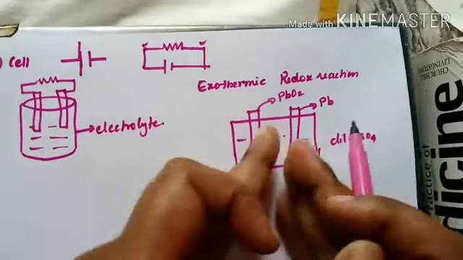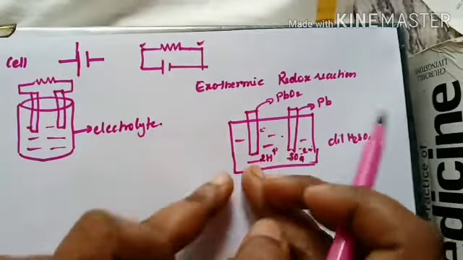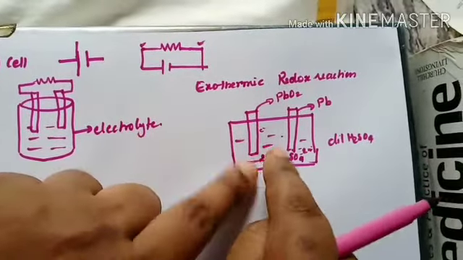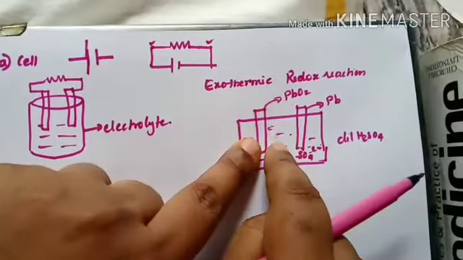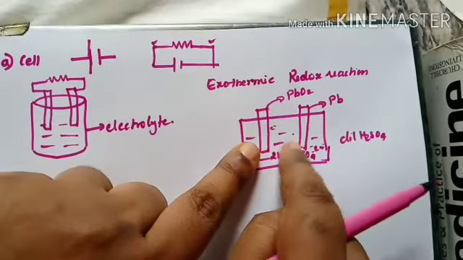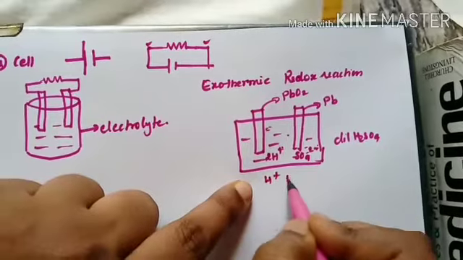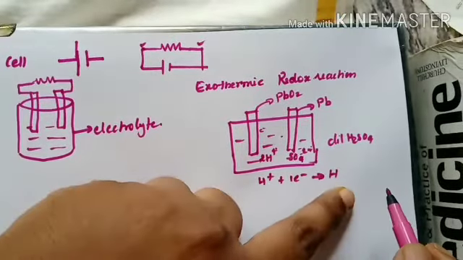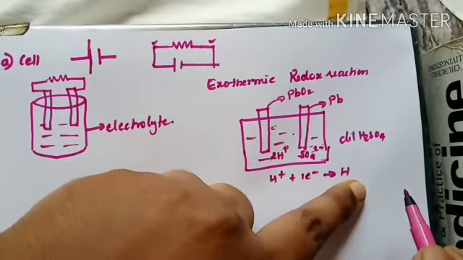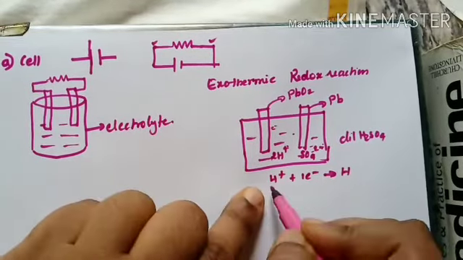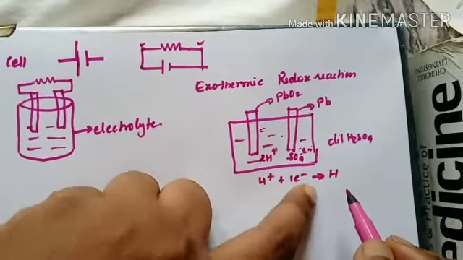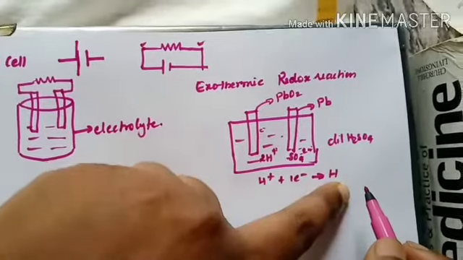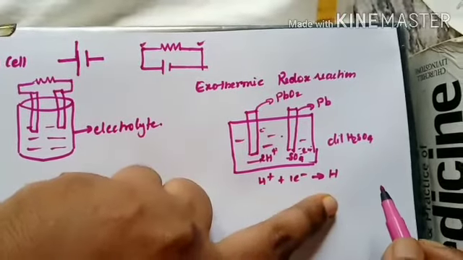Dilute H2SO4 separates into two parts, 2H plus and SO4 2 minus. If I consider only one H plus ion, it accepts an electron from PbO2, hence H plus becomes H. This H is known as a nascent hydrogen atom. Clear? So there are two H plus, meaning it will be accepting two electrons, giving two nascent hydrogen atoms. I hope this is clear, right?